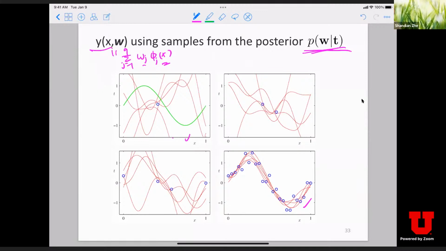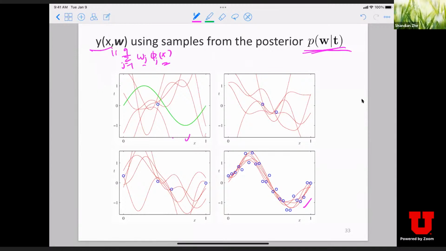Any questions so far? Is everyone comfortable with this? If you have never done Bayesian stuff, you might not feel that comfortable looking at those figures.